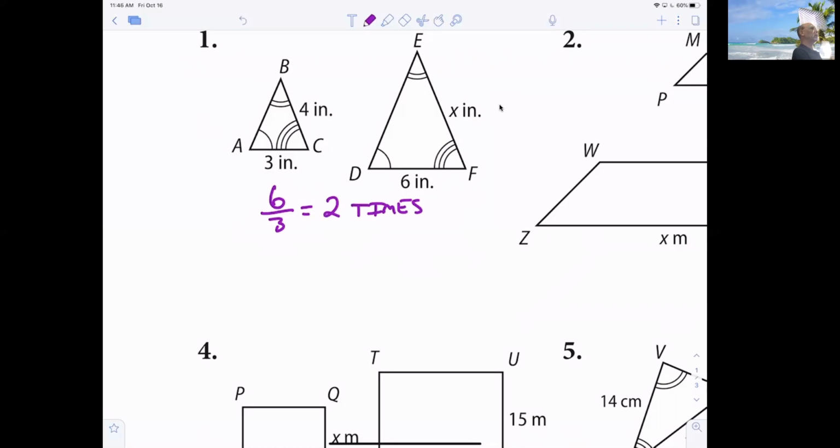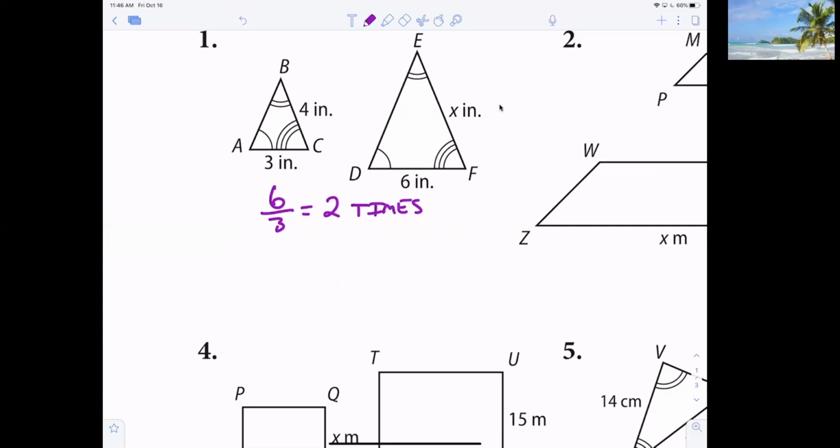Now the next question I'm going to ask you, please listen. The smaller triangle is how much bigger? The smaller triangle's twice as big? No, not negative. What is divided by 2? 2 times smaller.